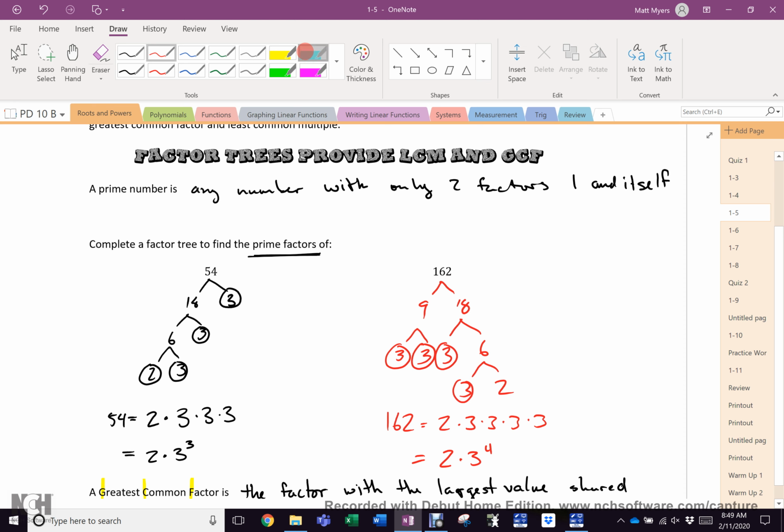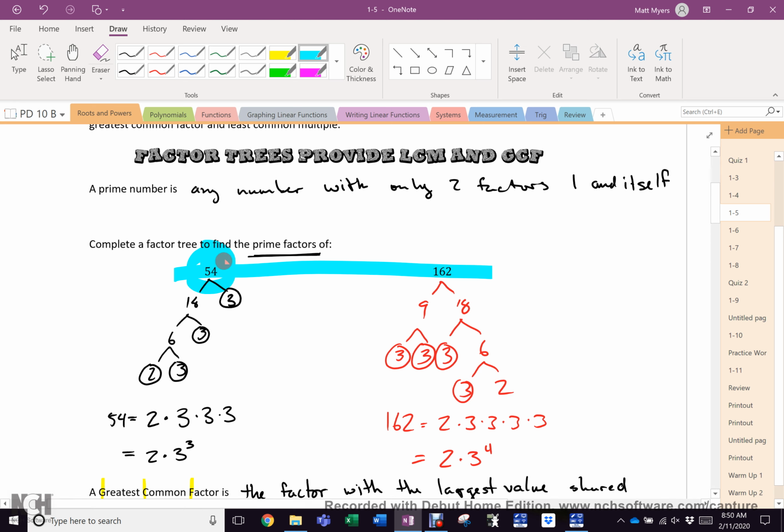Here's our group. We know that that is the biggest factor we could share, right? So what is the smallest multiple we could share? Wait, no. Multiples are bigger.